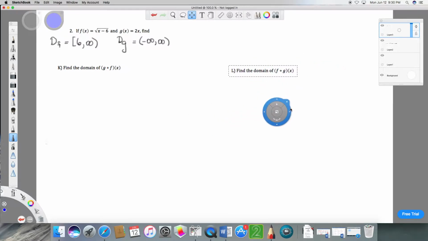So just like before, we think about how these new functions are constructed. We don't necessarily have to find the expression for these new functions. We just have to think about how they were constructed. Well, in function composition, you kind of need to think of it like an assembly line. So in part K here, and remember that we start with the second function, g composed with f, we start with f.